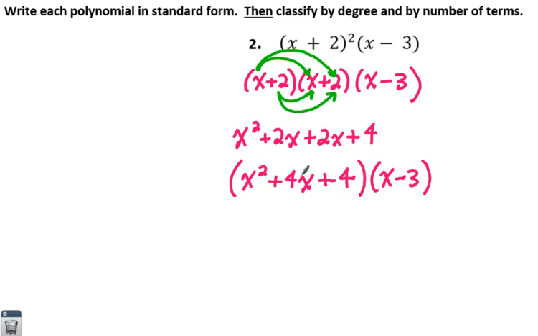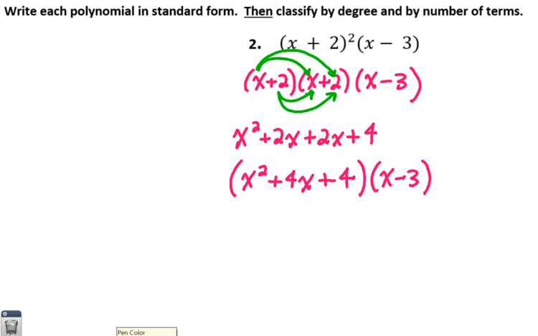And then I'm going to distribute the 4x: 4x times x, and 4x times negative 3. And then I'm going to distribute the 4: 4 times x, 4 times negative 3. I'll show all of the arcs with the mouse here.